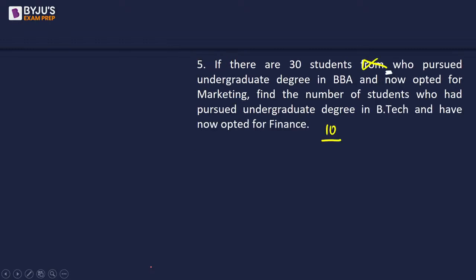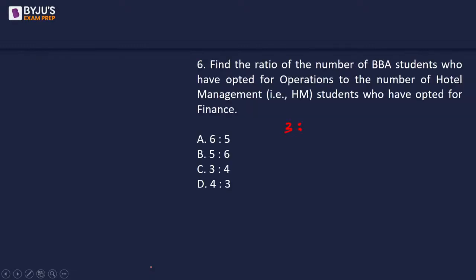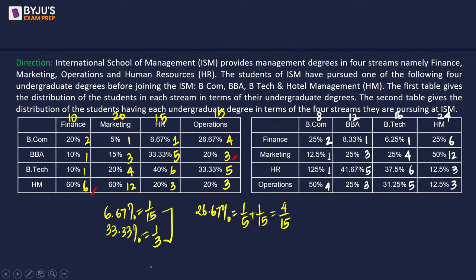HM finance and BBA operations. BBA operations, HM finance. Am I missing something? We do not have 3:6. Operations BBA is 3.